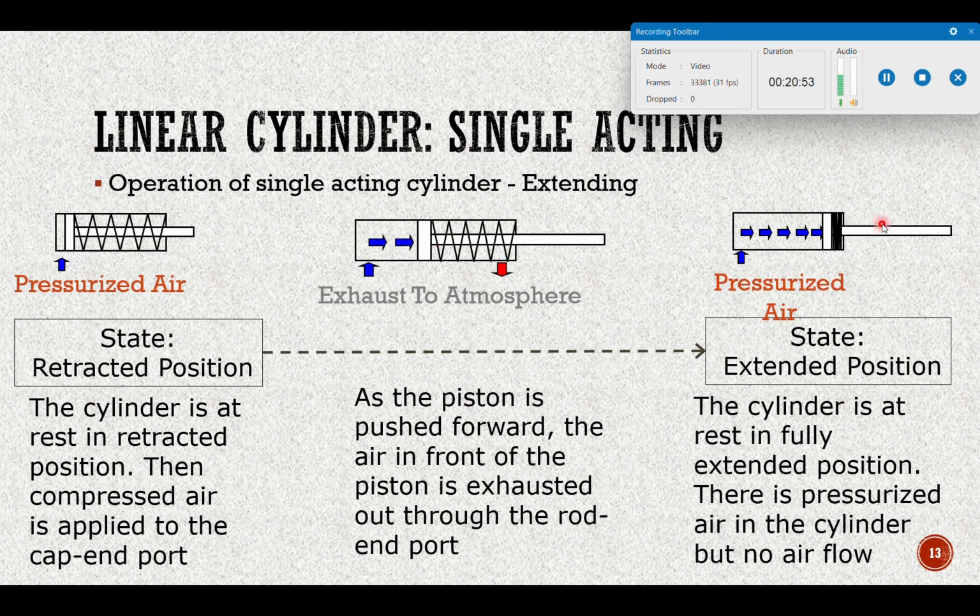Once it's fully extended, the pressure would continue to hold the piston so that it goes against this spring. So the cylinder is now fully extended, with pressurized air in the cylinder but no airflow.